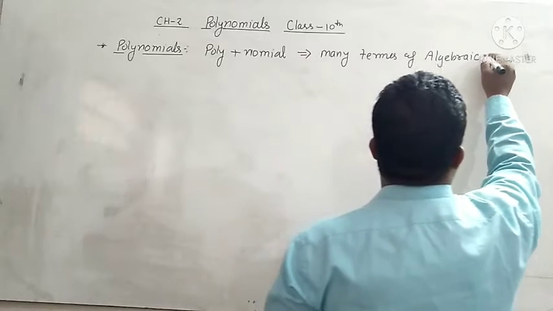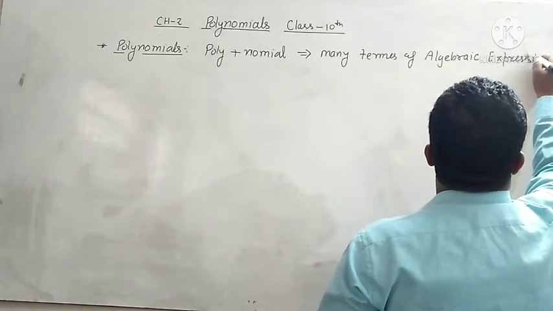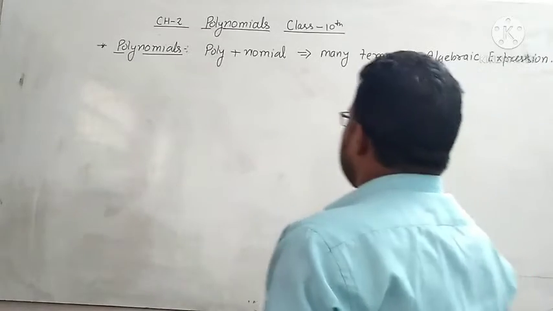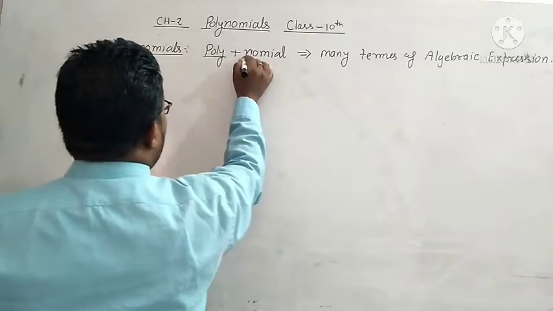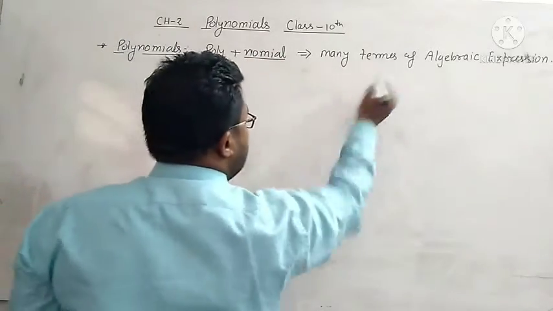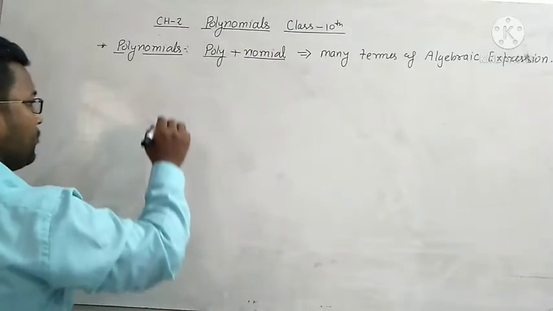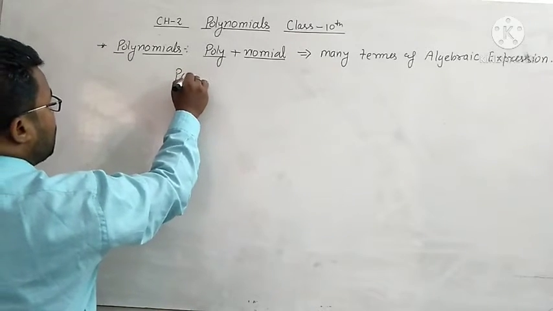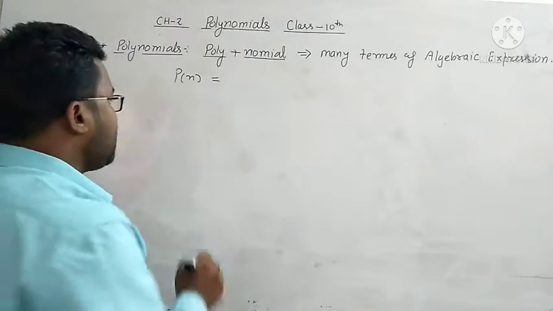Poly means many, nomial means term. So many terms of an algebraic expression is also defined as a polynomial. A polynomial is denoted by p(x).